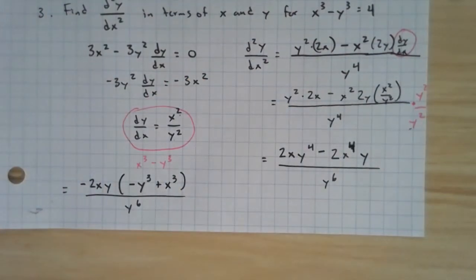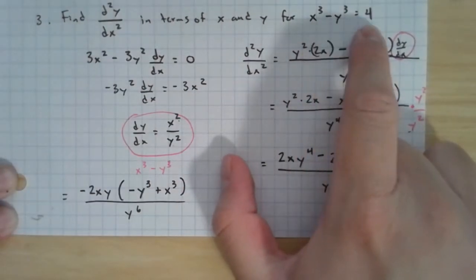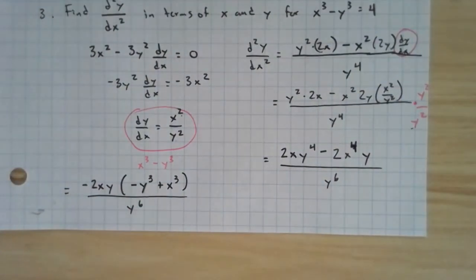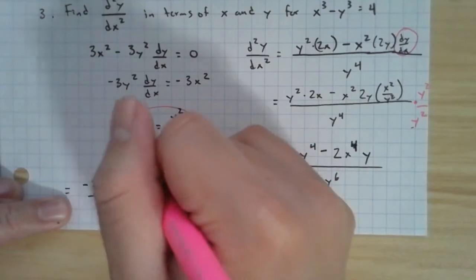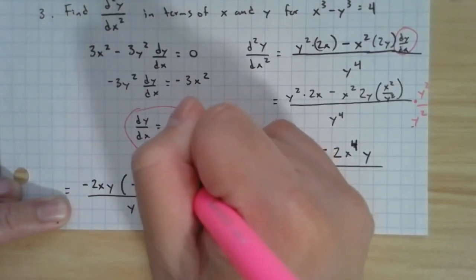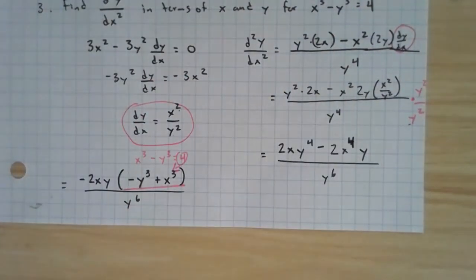You guys see what all that is equal to? At the very beginning, as part of the problem, they told us this is equal to 4. So I can actually sub all this to be 4.